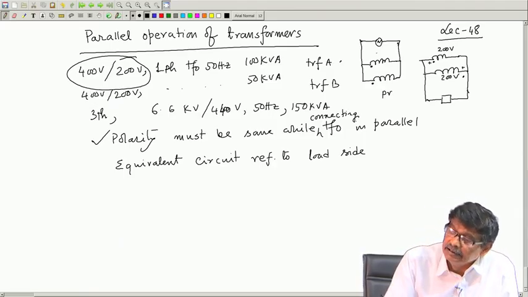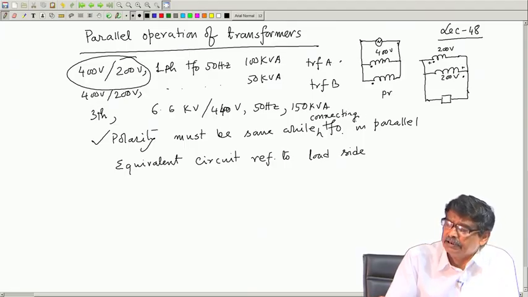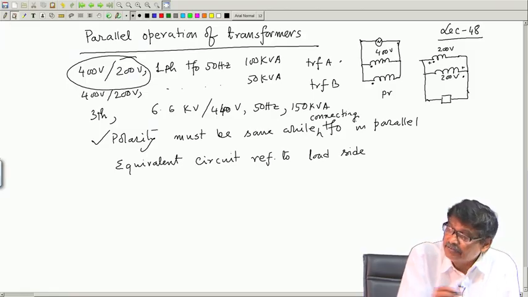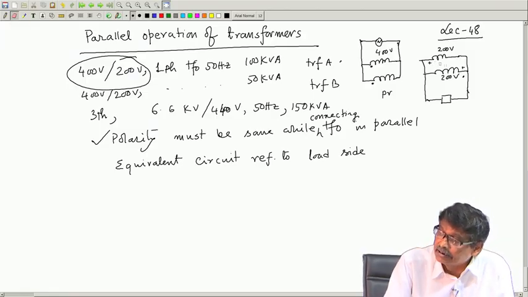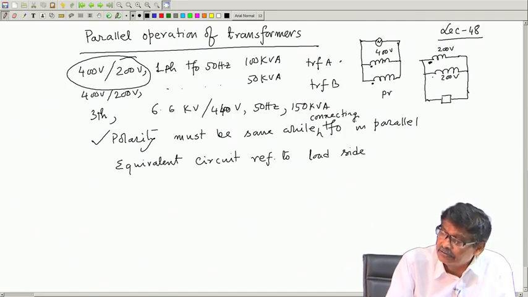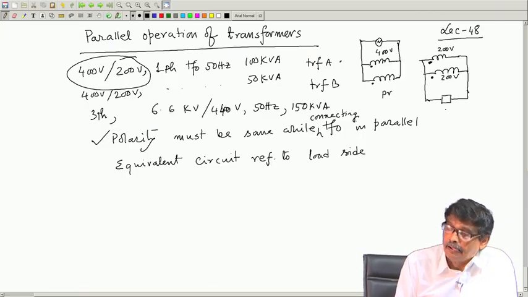For example, in this case it was 400 volt, no? 400 volt, suppose this is the load side. So, I finally put this to the correct polarity, yeah? Then only you can connect. So, this is dot, this is dot. I will do the polarity test, and accordingly I will connect them in parallel.